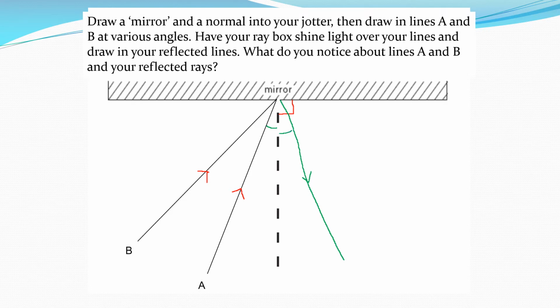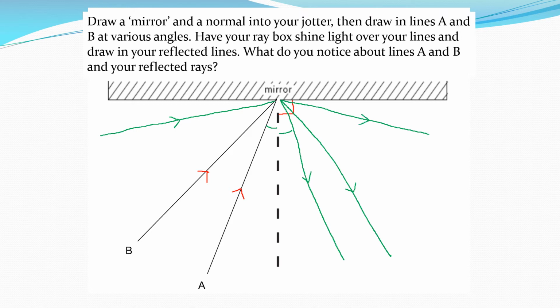So if you put in a ray of light really shallow and close to the normal, it's going to come out shallow and close to the normal. If you put in one like this, further away from the normal, it's going to come out further away from the normal. If we then drew another one that was coming in here, like this, making sure we put our little arrows on, it would come out looking like this with the arrows.